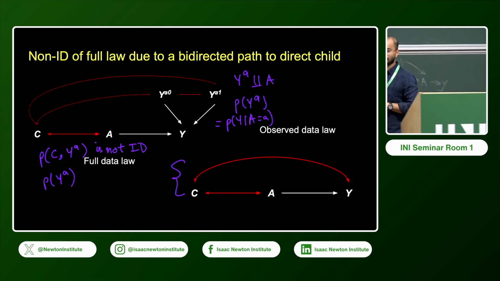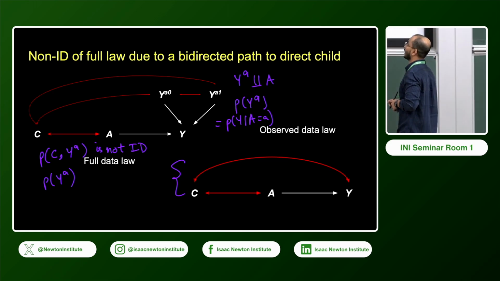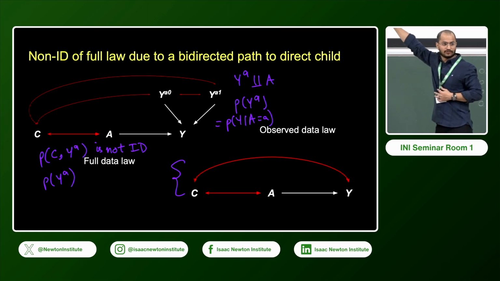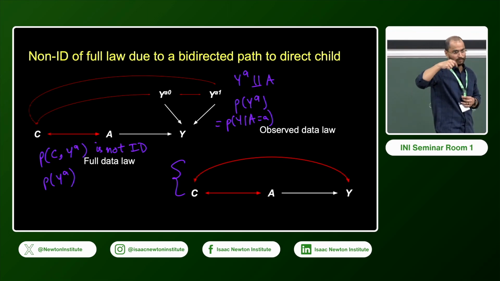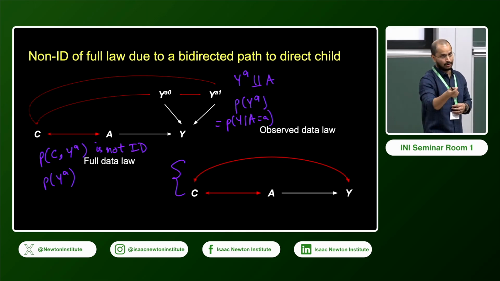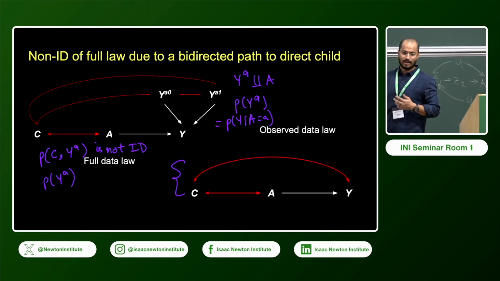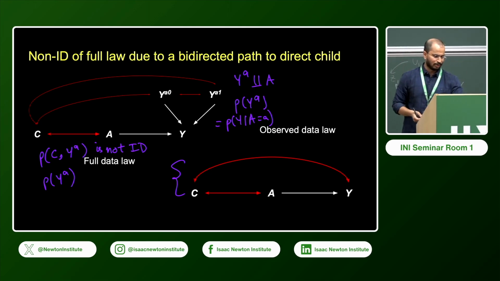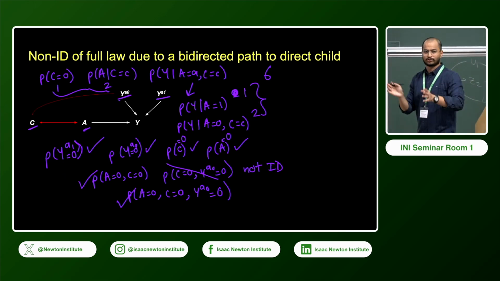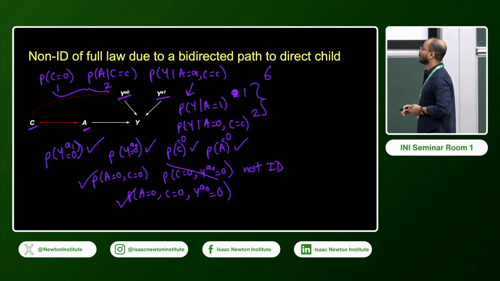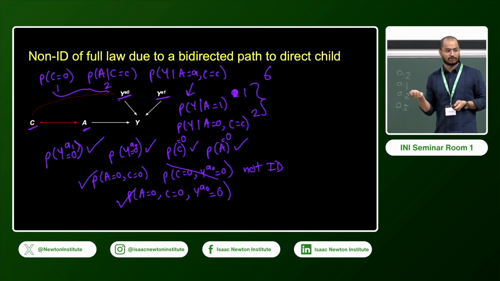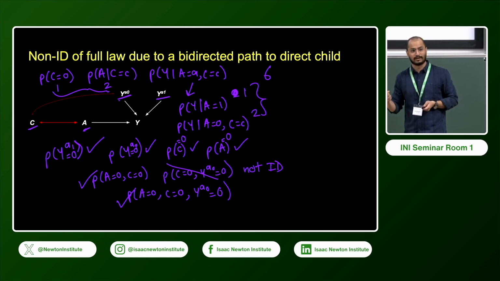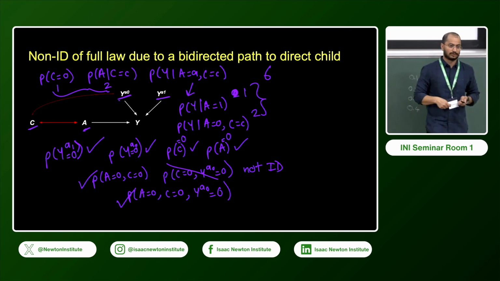This is just for convenience of the proof. I could do the proof with these additional edges, but I'd have to list more Mobius parameters, some of which are cross-world parameters. Cross-world parameters we know for sure are not identified. So I'm moving to a simpler model where I remove those cross-world parameters and show you that despite having removed those cross-world restrictions, I still don't get identification of a single world parameter.